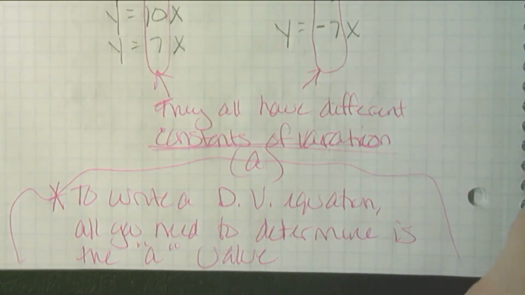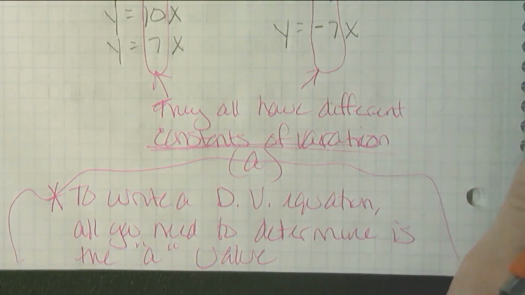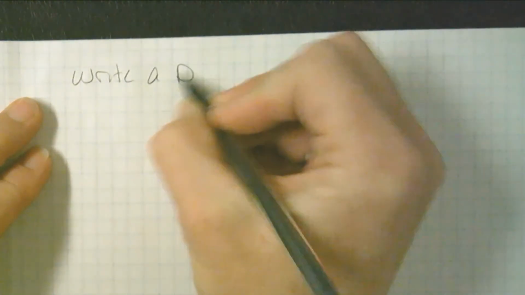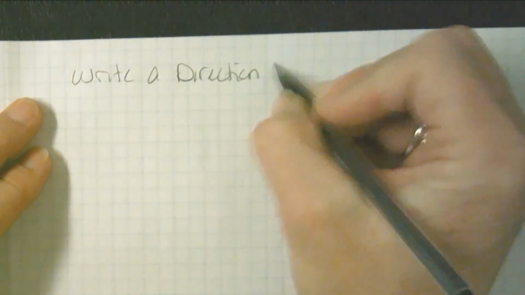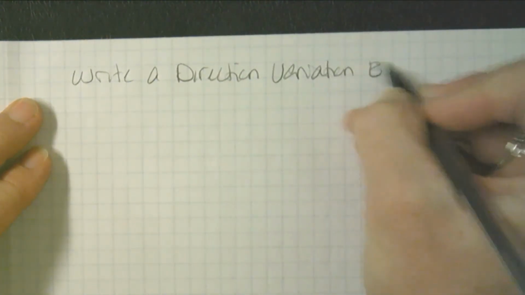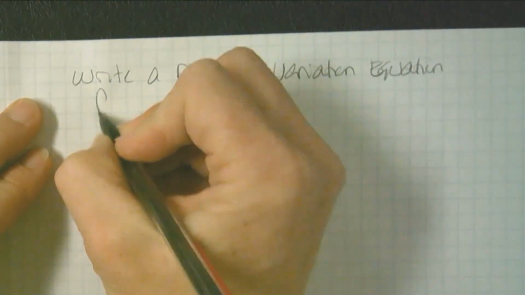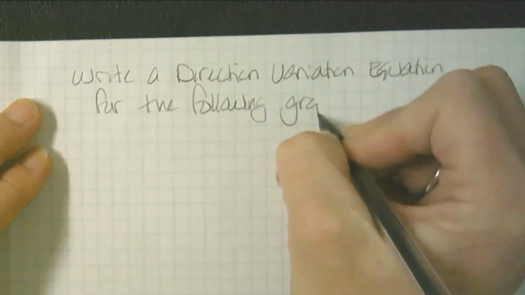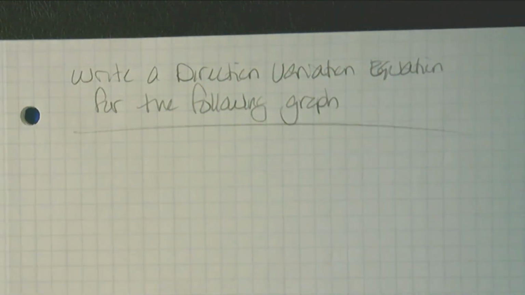So I'm going to give you a graph, and I want you to write the direct variation equation from the graph. Okay? Who needs to see what's up there? Write a direct variation equation for the following graph.